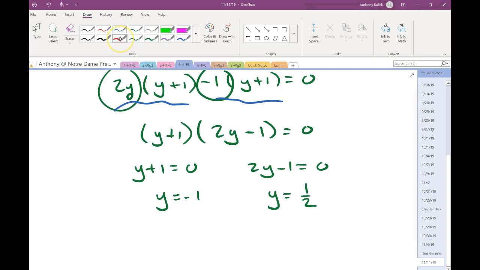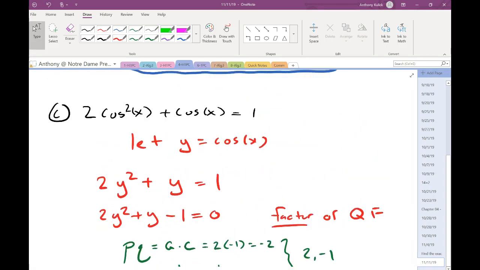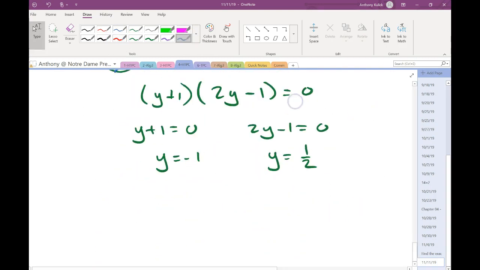What are we trying to solve for? Cosine's an operation. That'd be like trying to solve for plus sign. We're trying to solve for x, right? So what does y equal again? It's equal to cosine x. So let's go ahead and make that substitution back in.